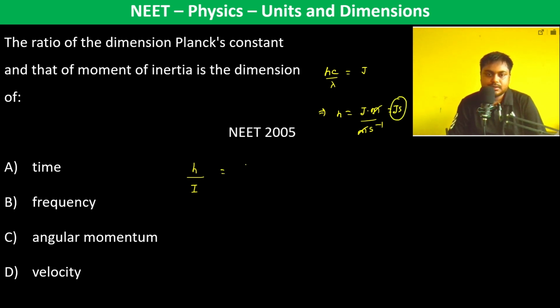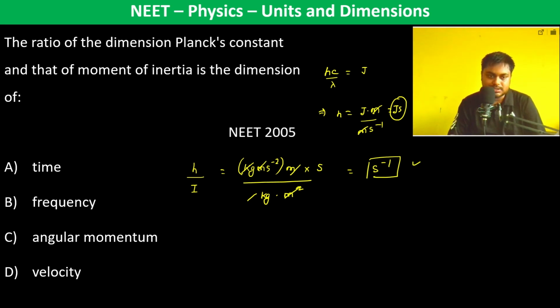That is Newton meter, which becomes joule, and this is second, divided by I, which is m r square. So mass is in kg and r square is meter square, gone. So this is s to the power minus 1. Now s to the power minus 1 is actually frequency, which is hertz, which is 1 by time period. So B is going to be the answer.